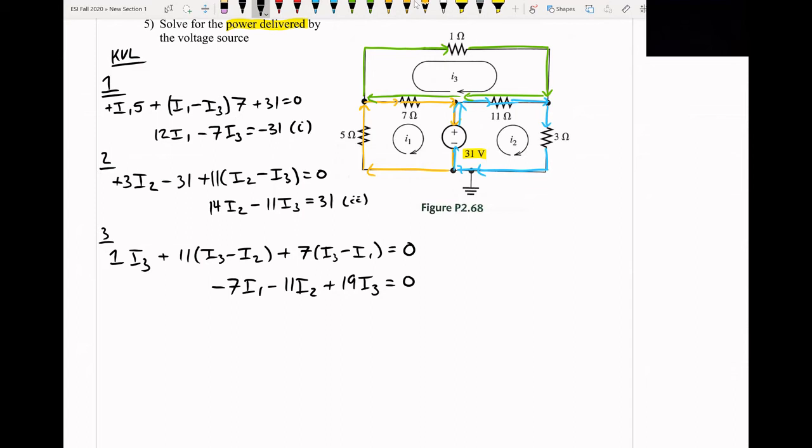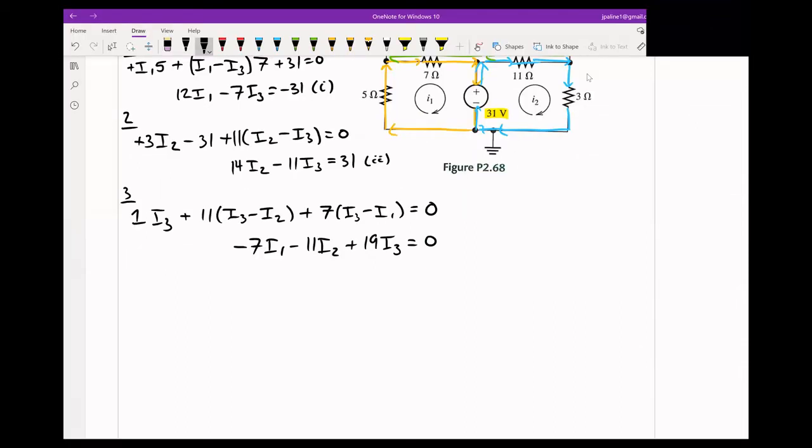And what we can do is just use a traditional plug and chug method. Now that we have these, we see that we have I1, I2, and I3 in this bottom equation. So we're going to solve for I3, because we have relations of I2 and I3 here, and I1 and I3 there. By doing that, we effectively get rid of the two unknowns.